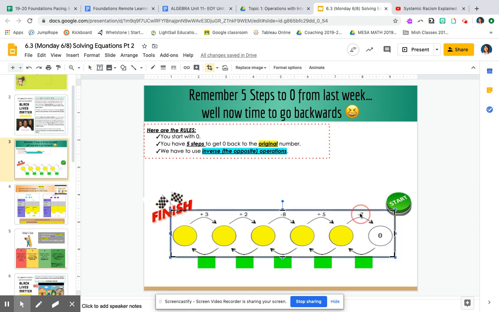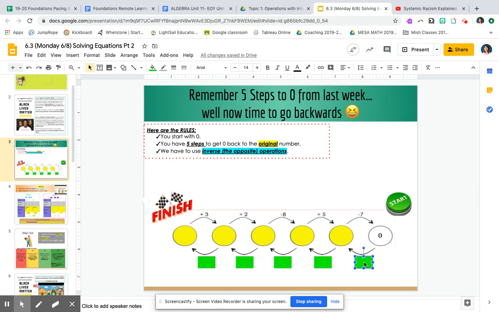So if my original thing was -7, backwards is the opposite. So what is the opposite of -7? It is +7. So for this, it says divide 5. So what's the opposite of divide 5? It is to multiply by 5.